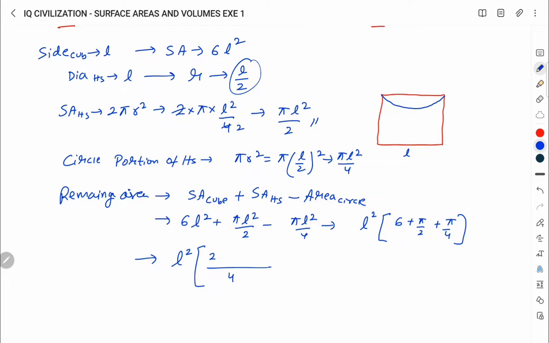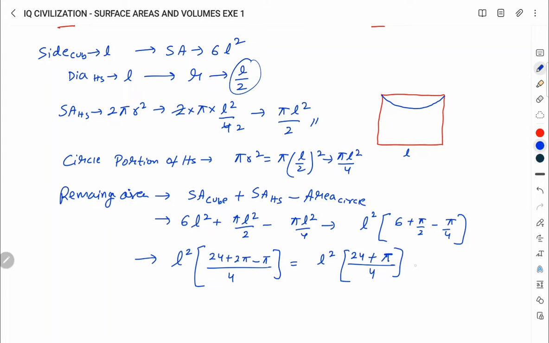So 4 into 6, 24, plus 4 divided by 2, 2 into pi, so 2 pi minus pi. So L square into 24 plus pi by 4. See, here it is minus, right? So here this is a minus, 2 pi, 24 plus pi by 4.